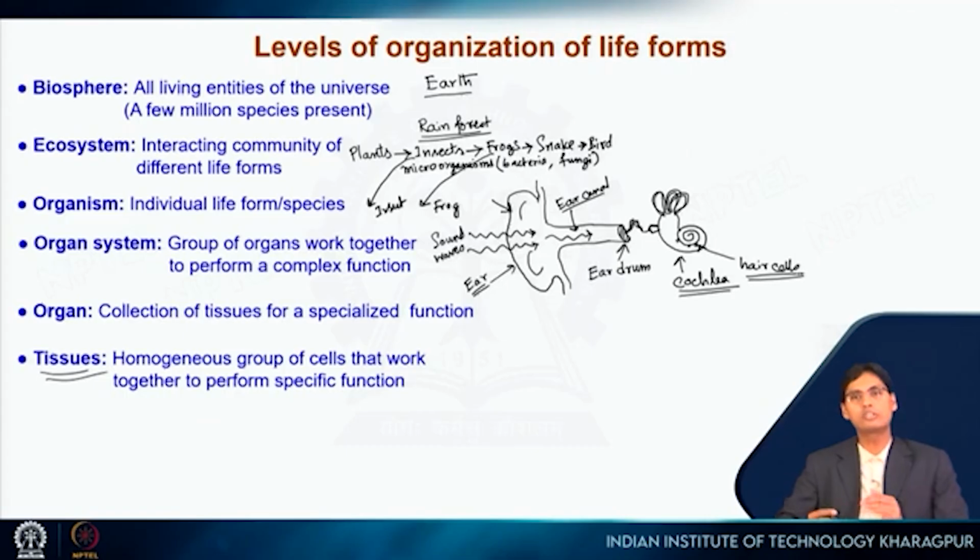Because the liquid present inside the cochlea is making a kind of wave, these hair cells also get some kind of motion, and because of this motion they convert this mechanical energy into electrical energy. Some receptors are present in these hair cells. I am not going into that much detail. Some nerve ending is also present. As you can see, some nerve is going like this.